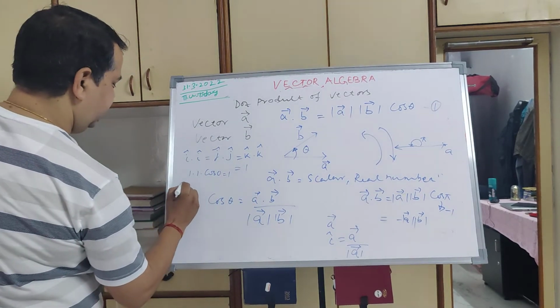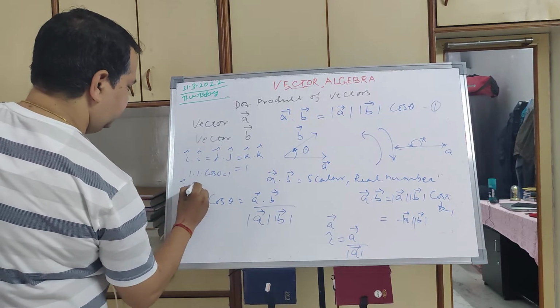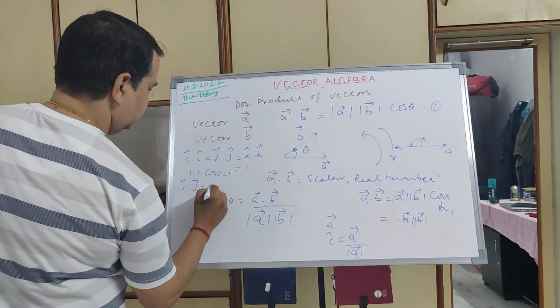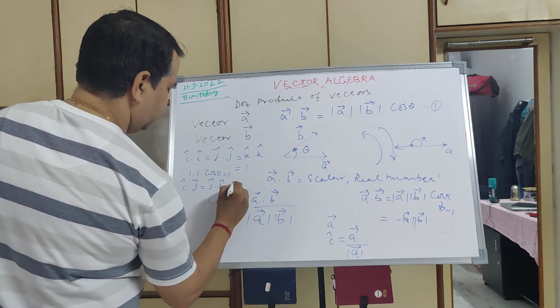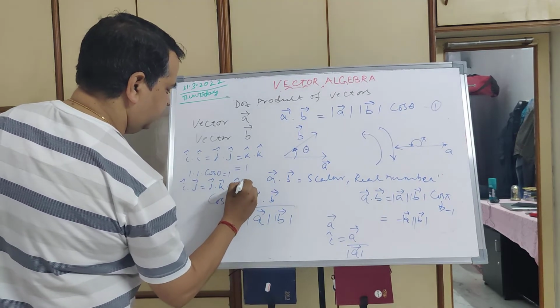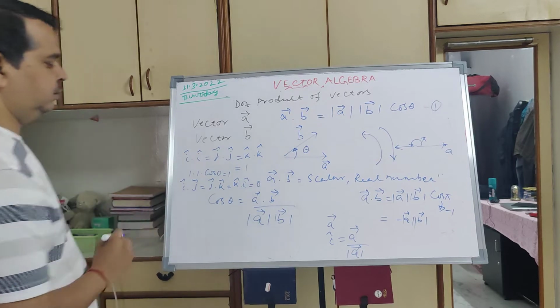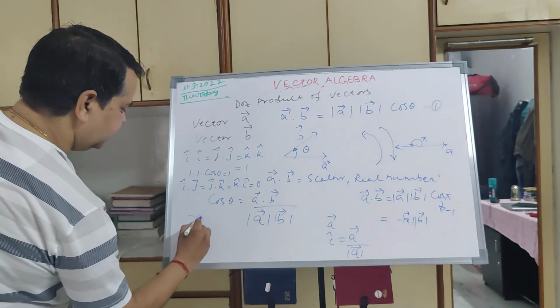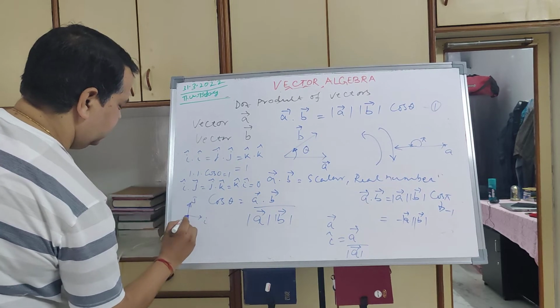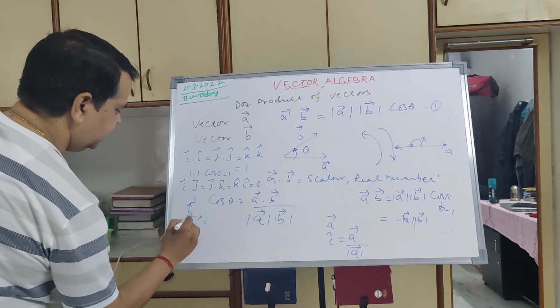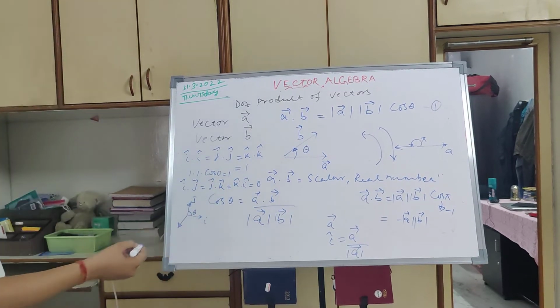But I cap dot J cap is equal to J cap dot K cap is equal to K cap dot I cap, which is equal to 0. Why? Because if this is I and this is J, theta is 90, and if this is K, then theta is also 90 degrees.